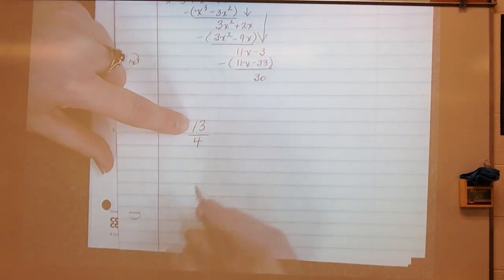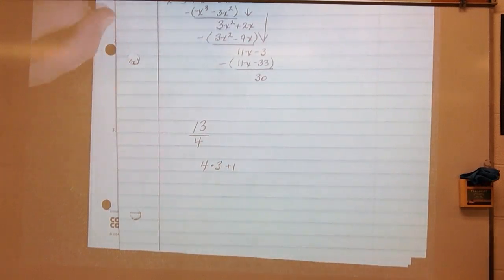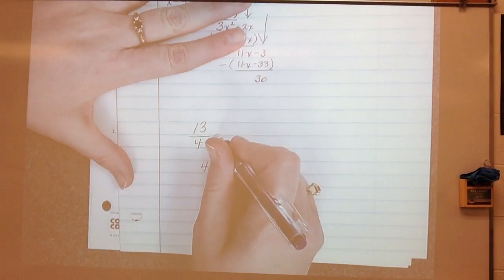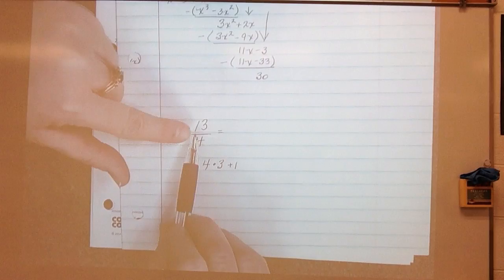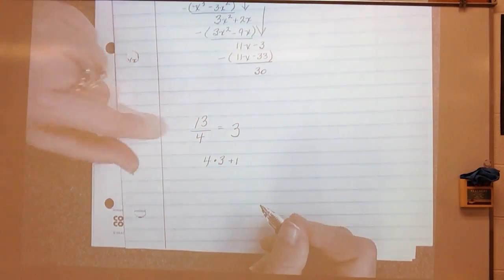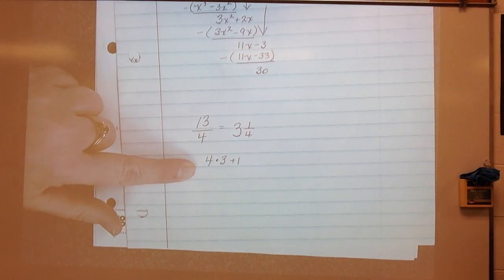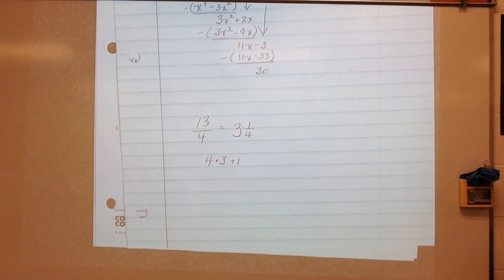I can rewrite 13 as 4 times 3 plus 1. If I were to write this as a mixed number, I would say 4 goes into 13 3 times. That gives me 1 left over. So it's a connection to what we're doing here with the remainder theorem.